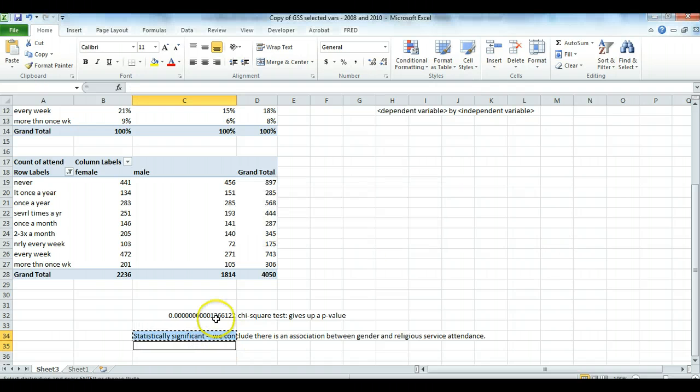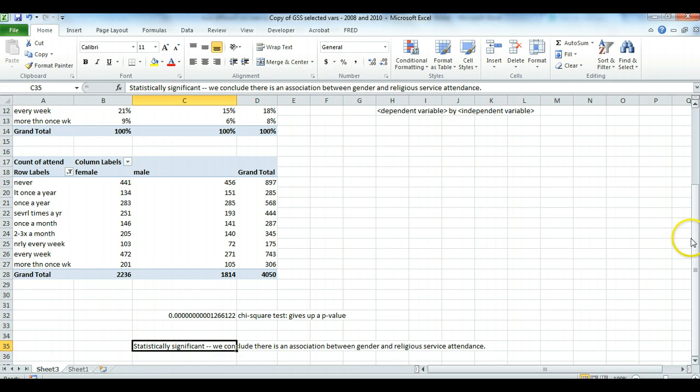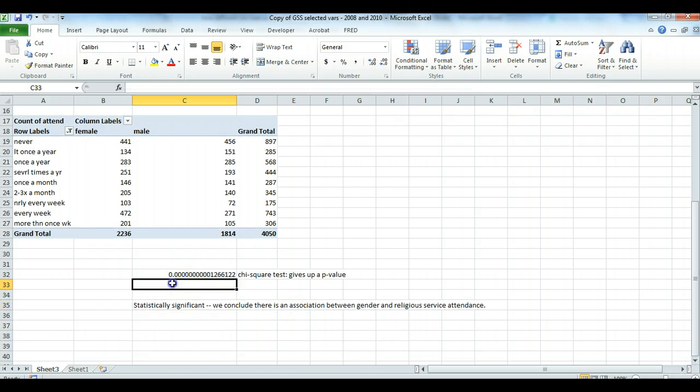Now, how did I conclude that it was significant? Well, there's just a simple rule. If the p-value is less than 0.05, we say it's significant. If it's above 0.05, we say it fails to reach statistical significance. If it's statistically significant, we say there's an association between the variables.